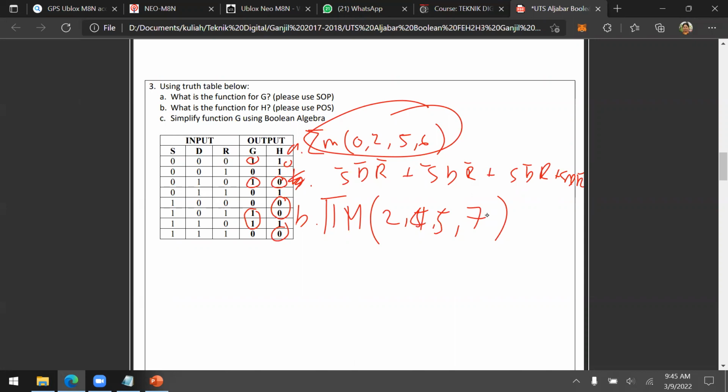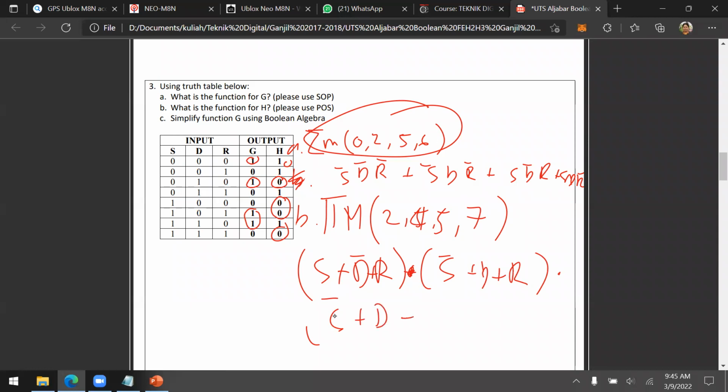Or you can also use the canonical form: S plus D naught R times S naught plus D plus R times S naught plus D plus R naught times S naught D naught R naught.